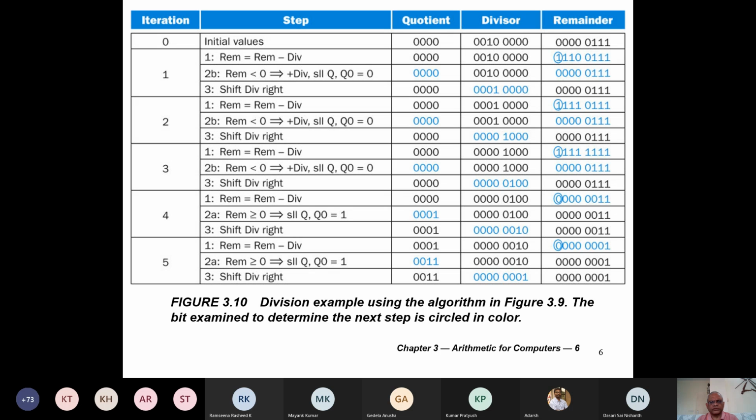So 1000, once we subtract from 1111, we get a 0 on the MSB and then we push a 1 into the quotient here. And we continue for 5 times because it's a 4-bit number.